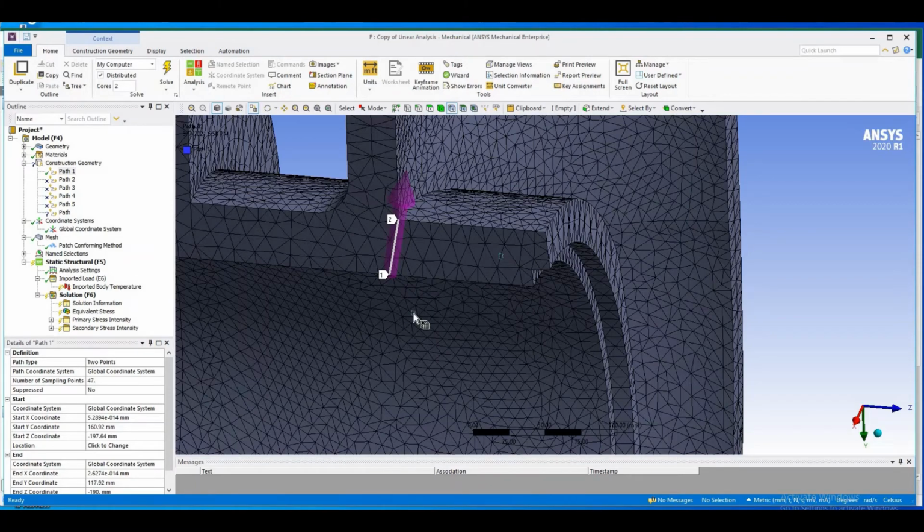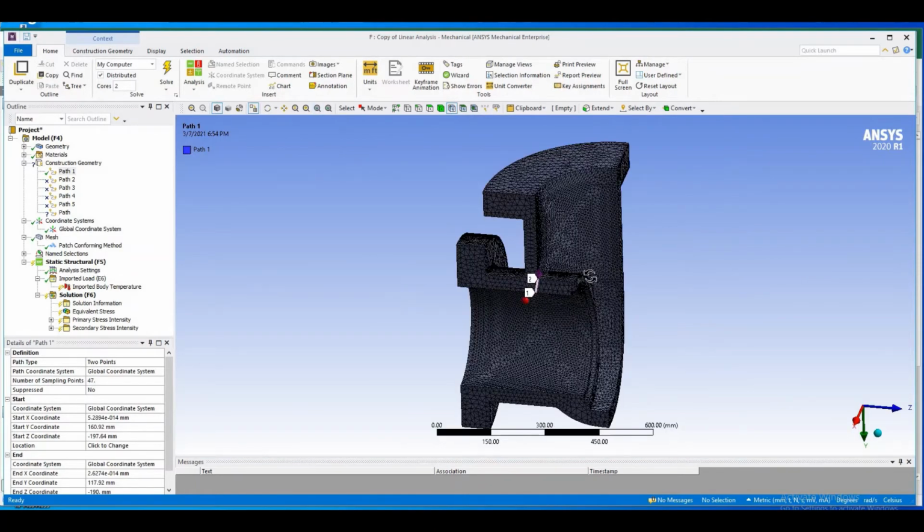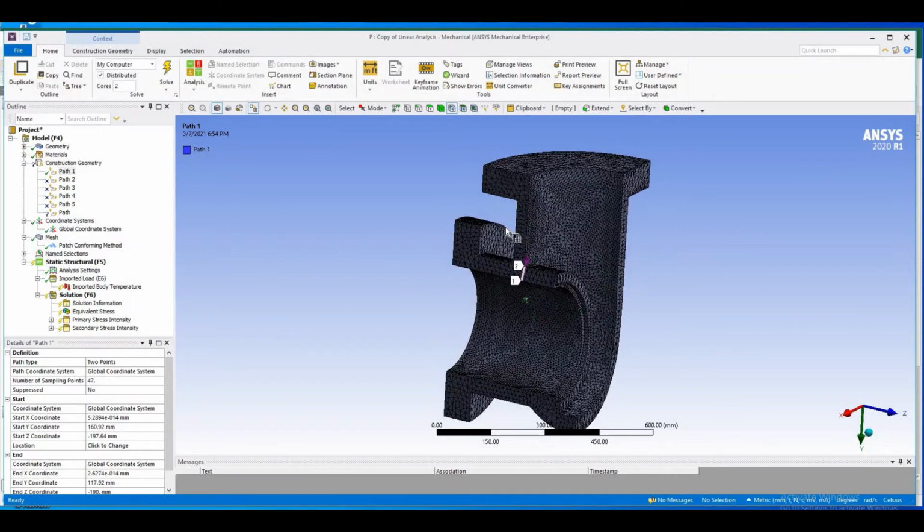In this manner, construction paths can be specified along the area of interest in the whole gate valve body.